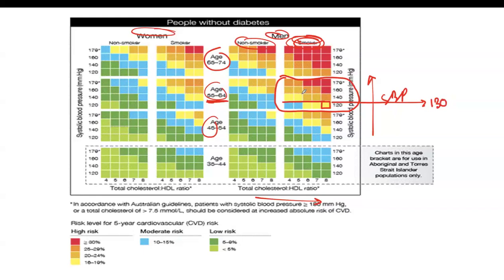Same in here, this box, you can place up to 150. This box up to 170. So our patient has got systolic blood pressure of 160, so definitely this box is the box that we are looking at. If it was 165, it would still be the same box, right? Does it make sense to everyone?